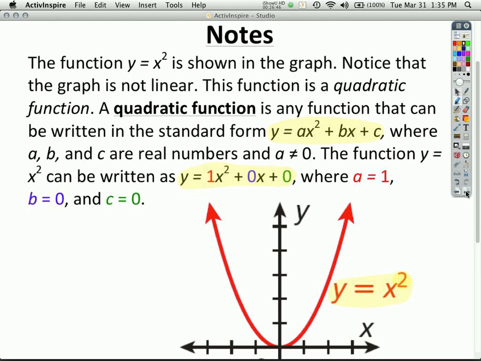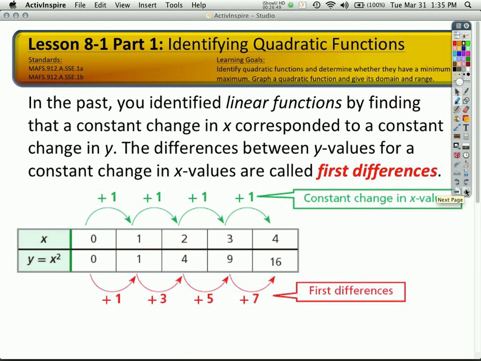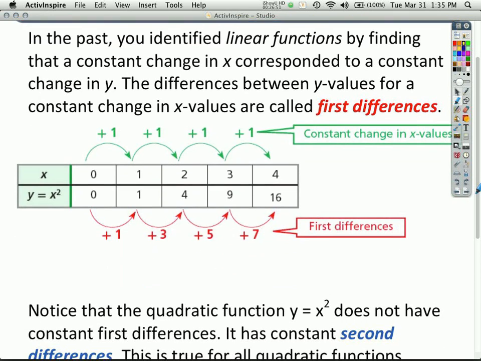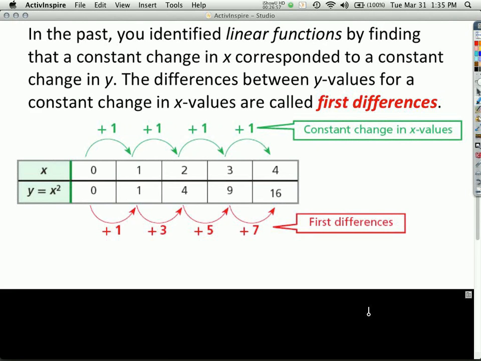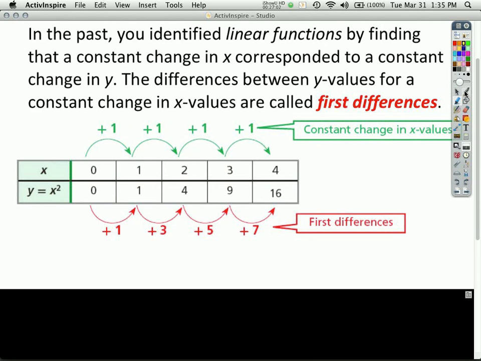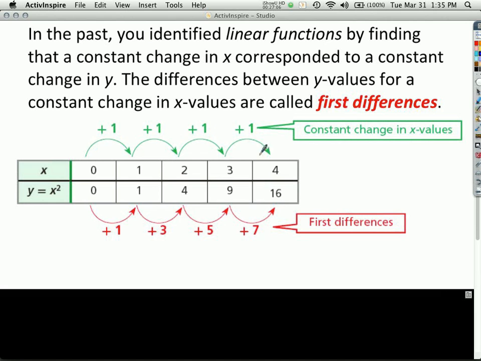Okay? Now, in the past, and you don't have to write anything at the moment, you just need to stick with me. A long time ago, we explored linear functions by looking at a table. And we did something just like this, where we figured out what the difference was in the x's.